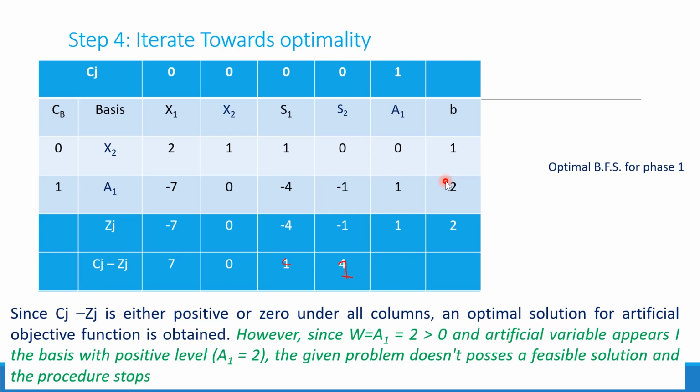Then the problem can be solved in the next method, and if that is also not possible, then such a condition will occur where the basis column will have one or more artificial variables and they will be at a positive level. Such a problem terminates itself here in phase 1 and you do not need to enter into phase 2.